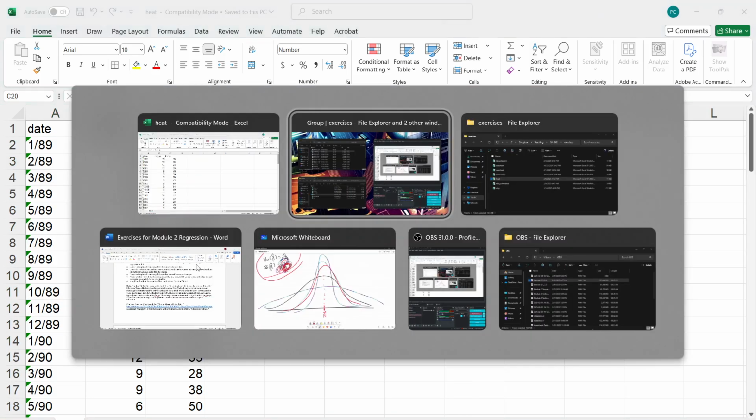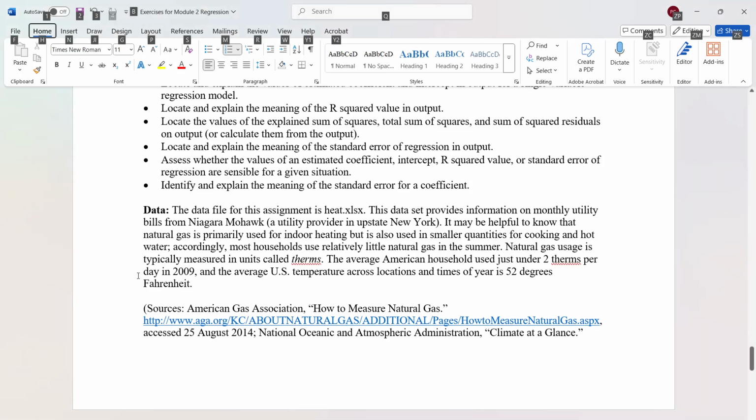Okay. The dataset provides information on monthly utility bills from Niagara Mohawk, a utility provider in upstate New York. Once again, this is one of the sample datasets that comes with the Stock and Watson textbook. It may be helpful to know that natural gas is primarily used for indoor heating, but is also used in smaller quantities for cooking and hot water.